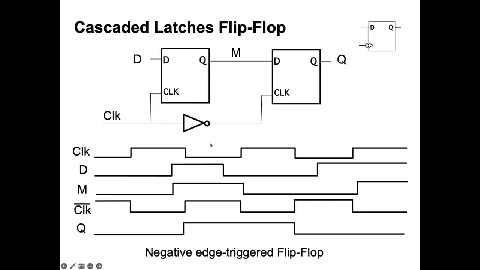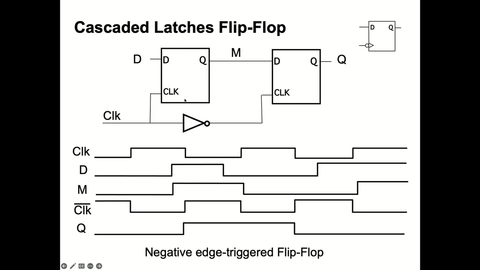So this is probably the easier one to design, but it's not the one you want to use in the lab because it's very sensitive to noise, especially on the clock, and I see people have problems with that. Okay, and it requires more wiring and more gates. All right, but this is how it works.